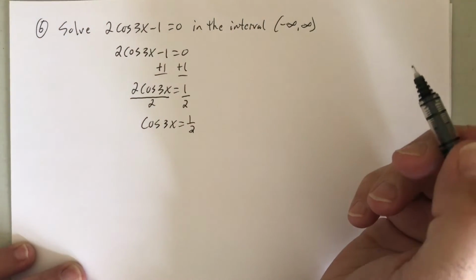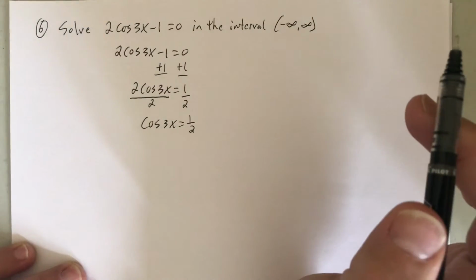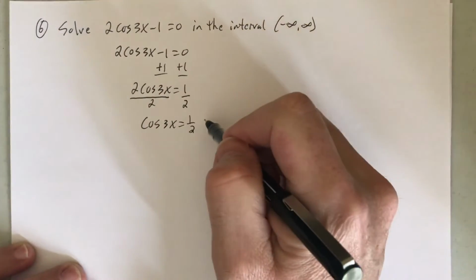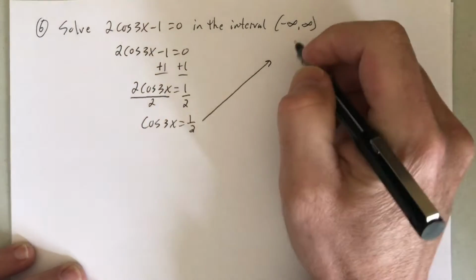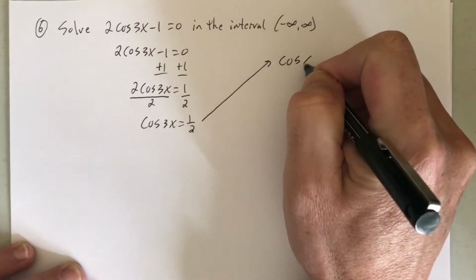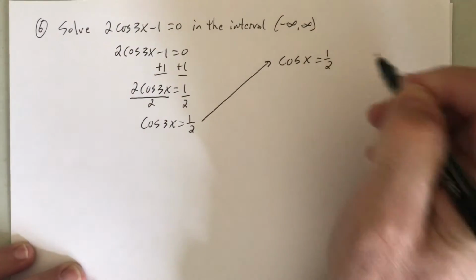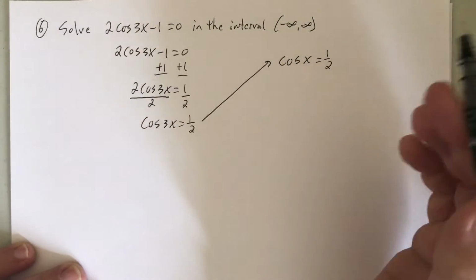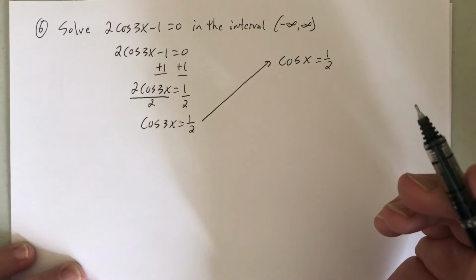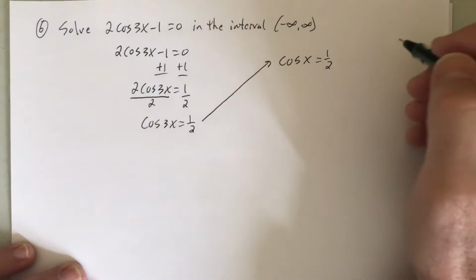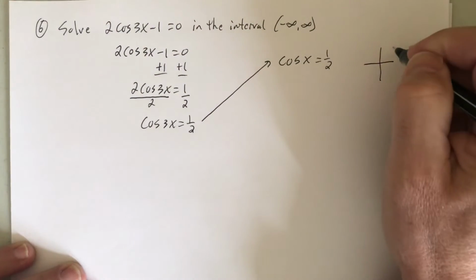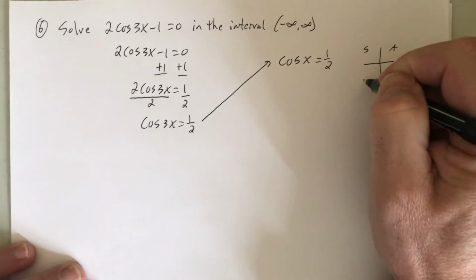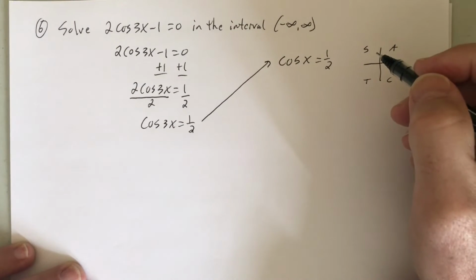Now what we're going to do is figure out when cosine x is equal to 1/2, not cosine of 3x, just cosine of x. Then I'm going to correct for the fact that the period is changing. If you think about your signs, all students take calculus, when is cosine positive?